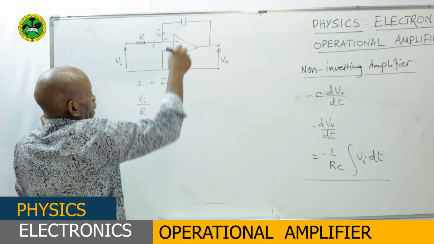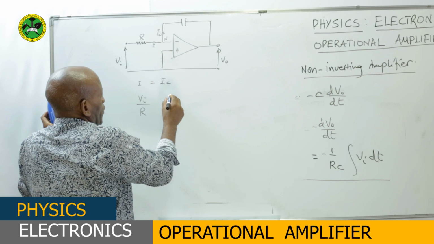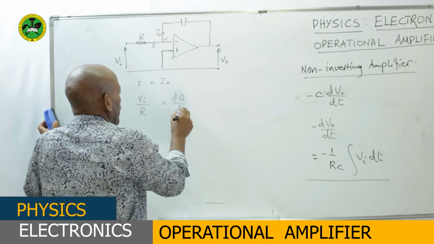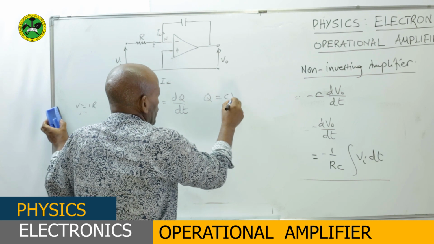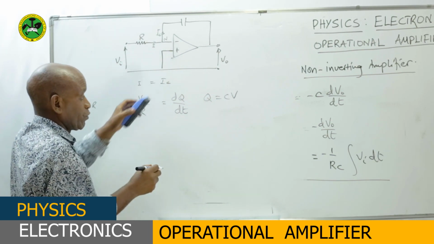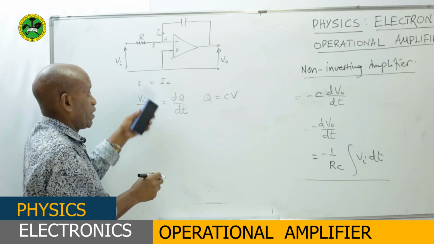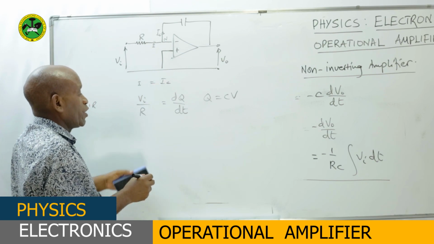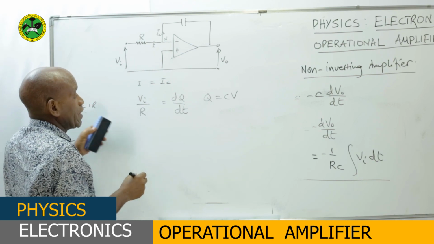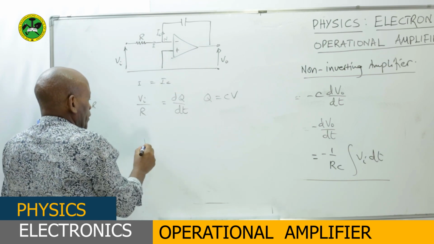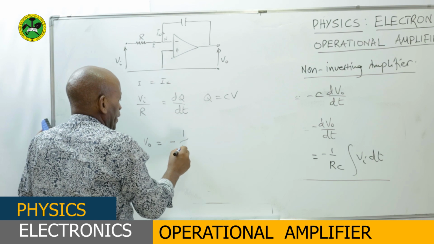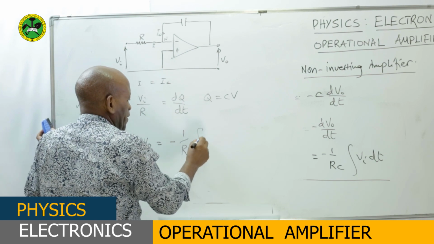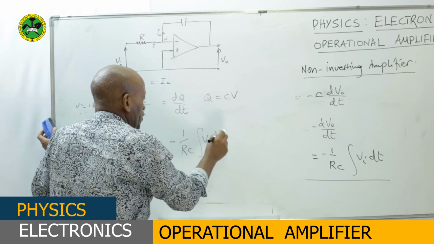And the current which goes to the capacitor, as we have seen, will be equal to dq dt. But the q there is equal to CV. And what we have done previously takes us all the way to obtain the output voltage V0, such that the output voltage V0 we obtained to be equal to 1 over RC, the integral of the input voltage dt.